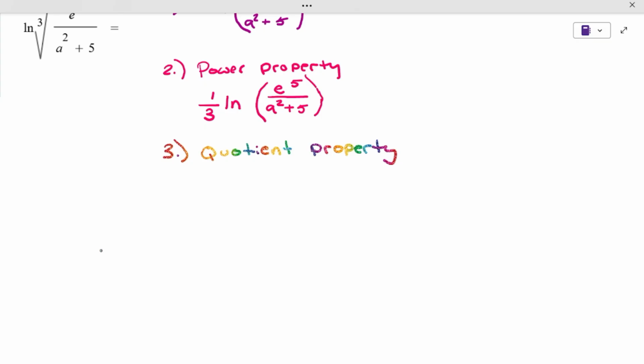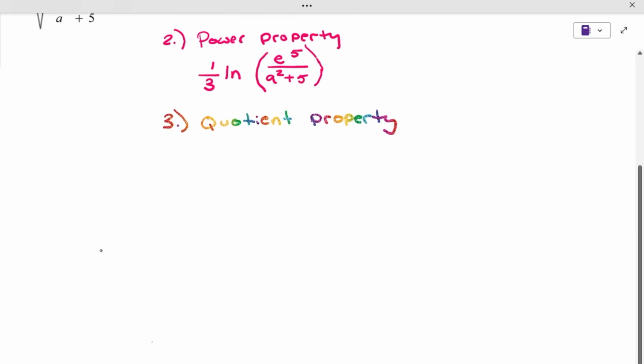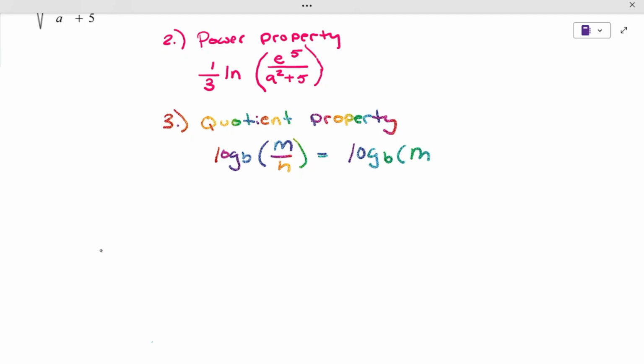What that would look like, using variables instead of real numbers, is if you had log base b of m over n, in which m and n are just numbers or variables, that can become log base b of m minus log base b of n. Again, you are splitting the fraction into 2 logs, but in this case we're using the natural log.